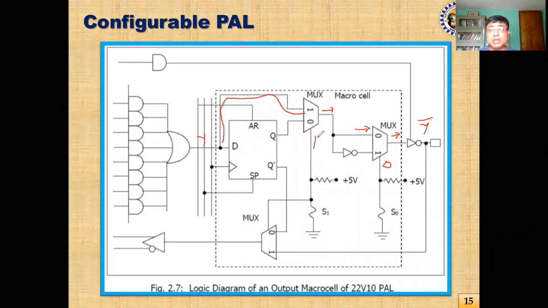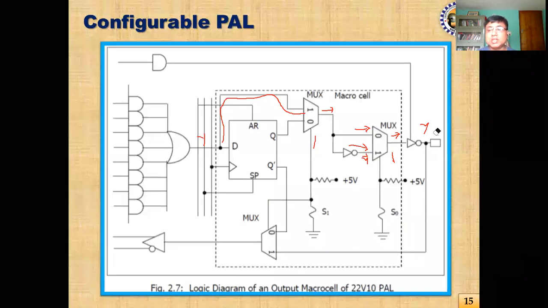Now if it is 1 and 1, both conditions are 1, then again this will go to this one, and it will go through this one. So now I will get Y bar here, and I will get Y at the output.